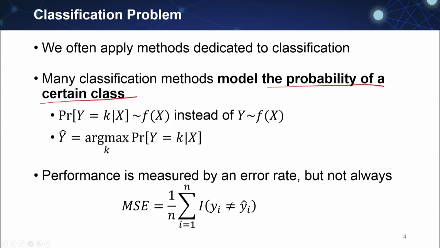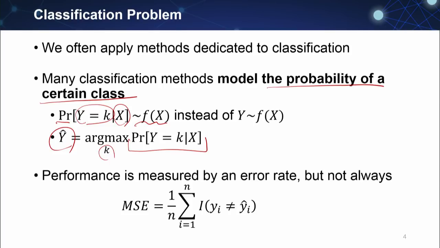In other words, they model the probability that the class y is equal to k given the input variable x with a certain function of x. Then the class of the sample, y hat, is estimated as the k that maximizes this probability.